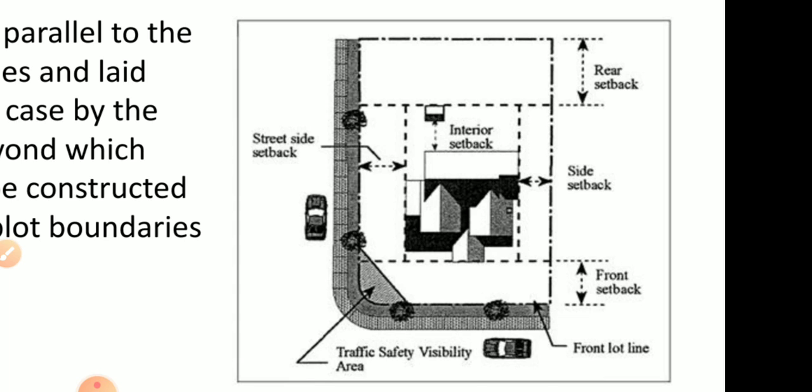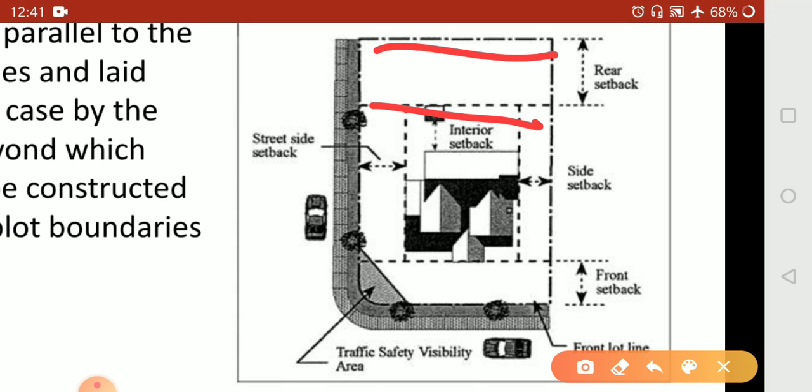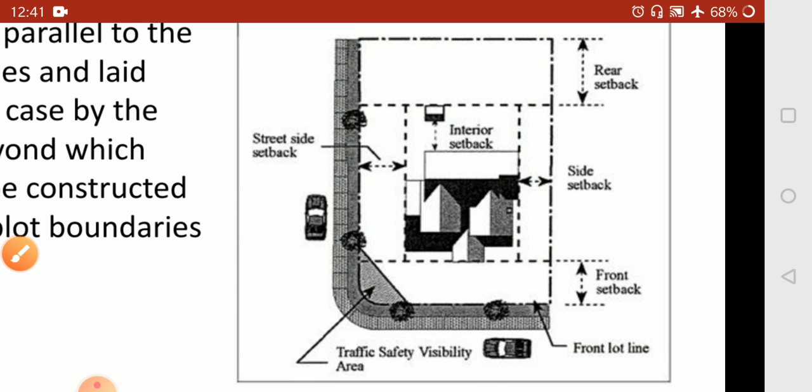You can see here, this is parallel to the plot boundary, this is parallel to the plot boundary, this is parallel to the plot boundary. That is called the setback line.